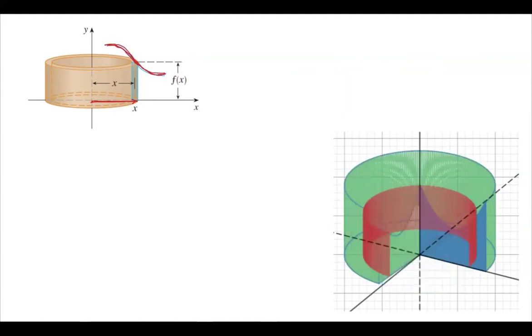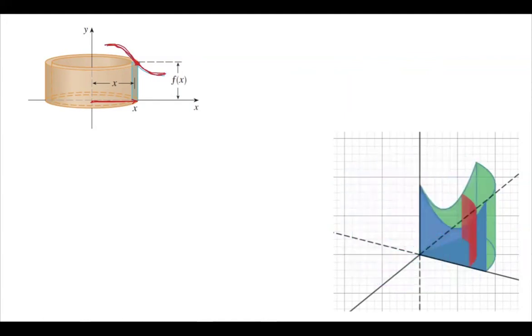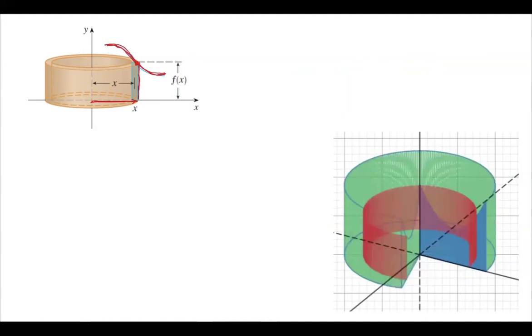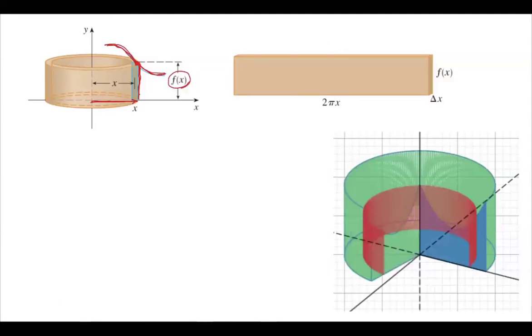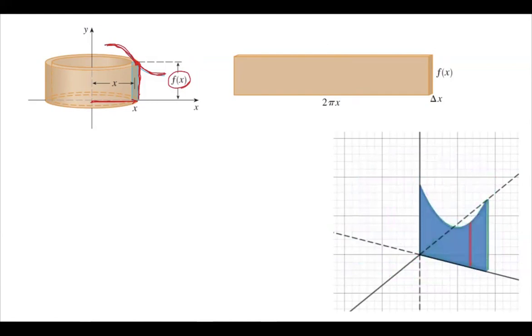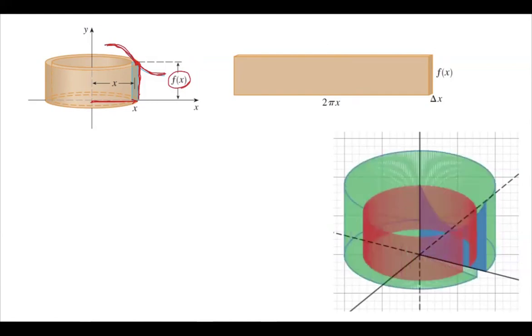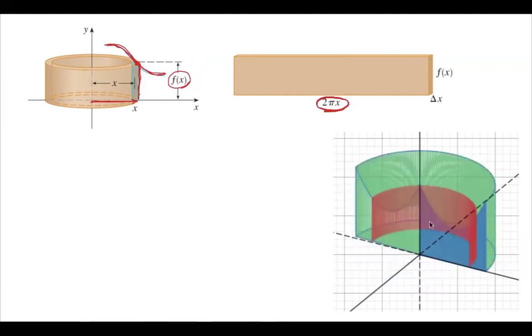So the measurement between the curve and the x-axis, or y equal to 0, gives you the height f of x. But if we look at this cylinder in a traditional form, the base is basically 2 pi times x.